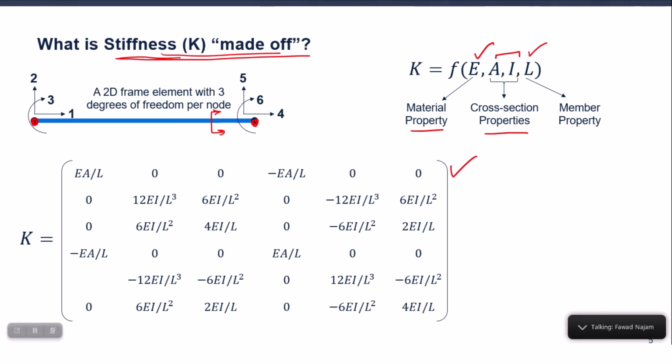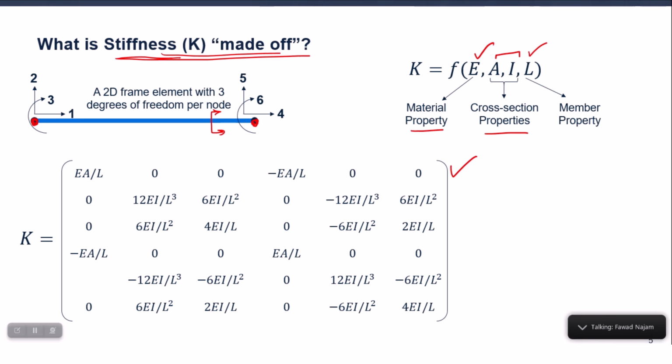Imagine that you have a building composed of thousands of such elements, we call this a frame element, right, and each of those elements has this 6 by 6 matrix, and then the program is simply constructing, using this information, the global big K matrix, maybe 10,000 by 10,000, depending upon how those elements are connected, right.